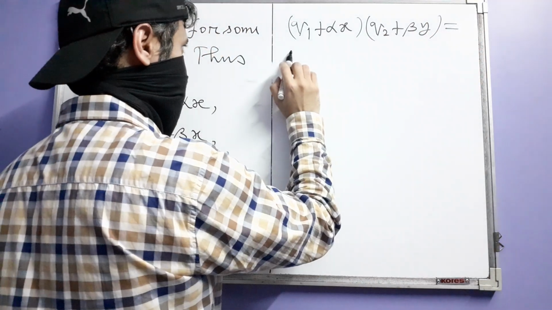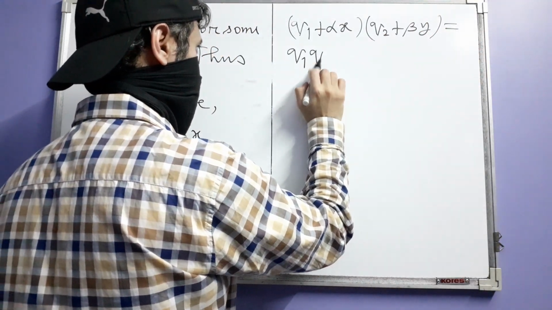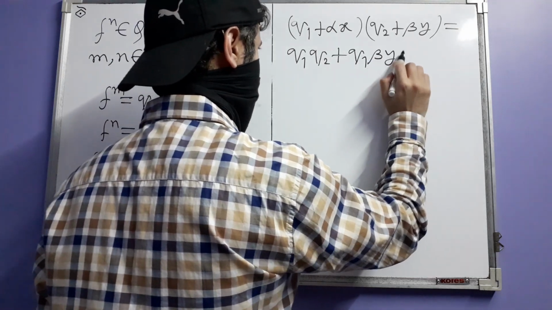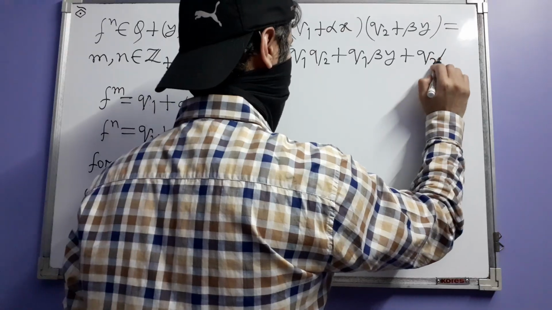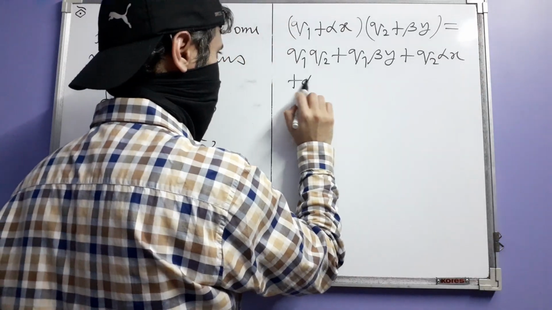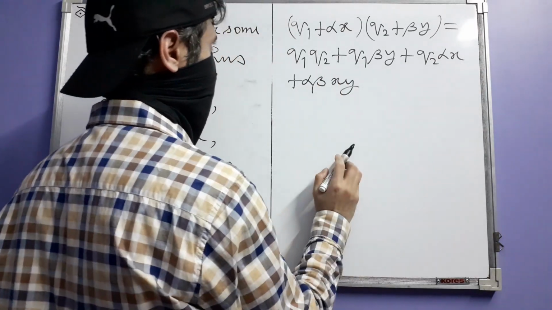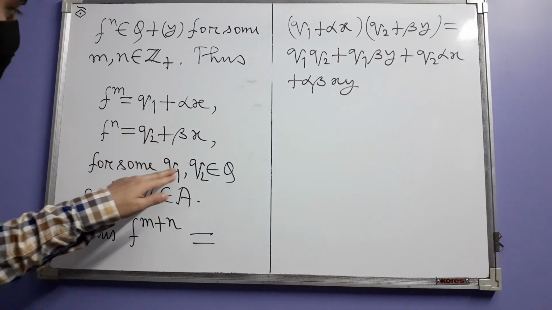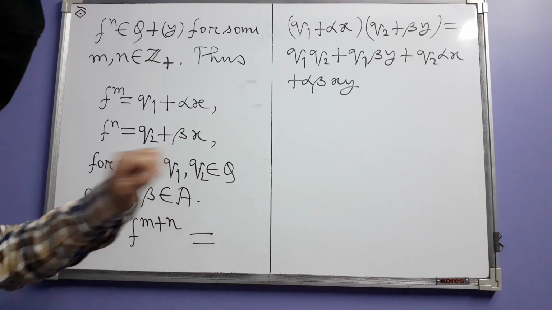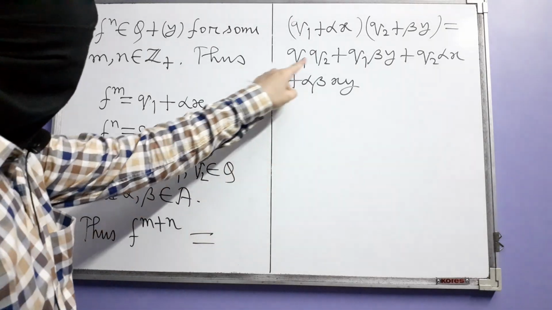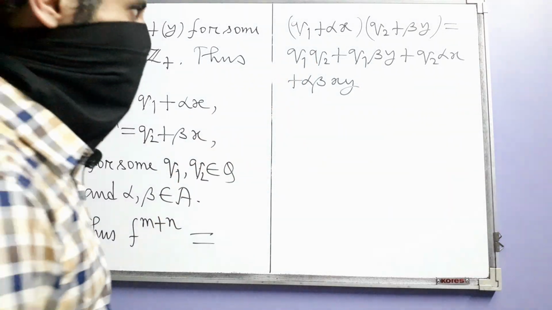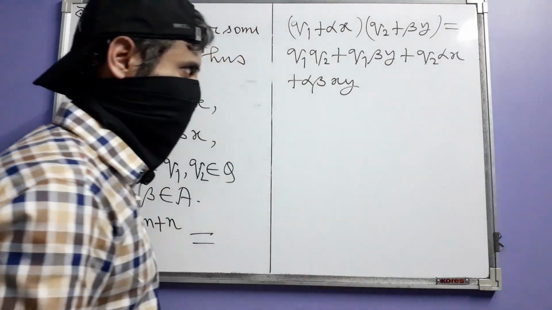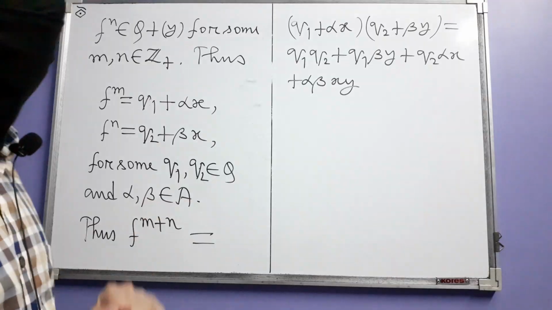Now if you do the multiplication, you get Q1 Q2 plus Q1 beta y plus Q2 alpha x plus alpha beta xy. Alright. Now notice that Q1 and Q2 are elements of this ideal Q. So obviously Q1 Q2 is again in Q, and so are Q1 beta y and Q2 alpha x, because capital Q is an ideal.